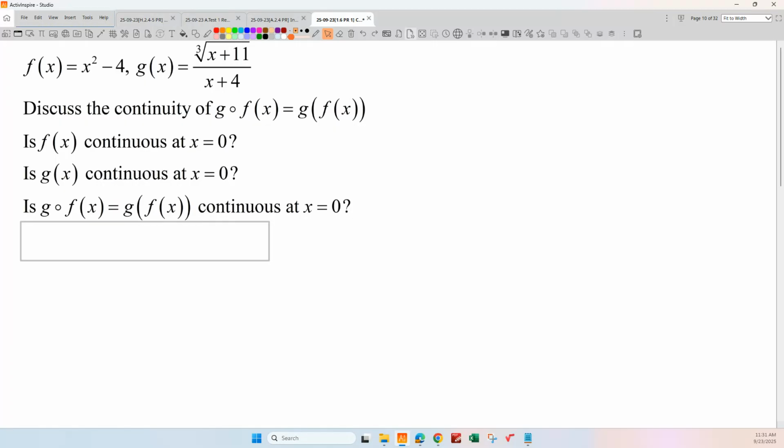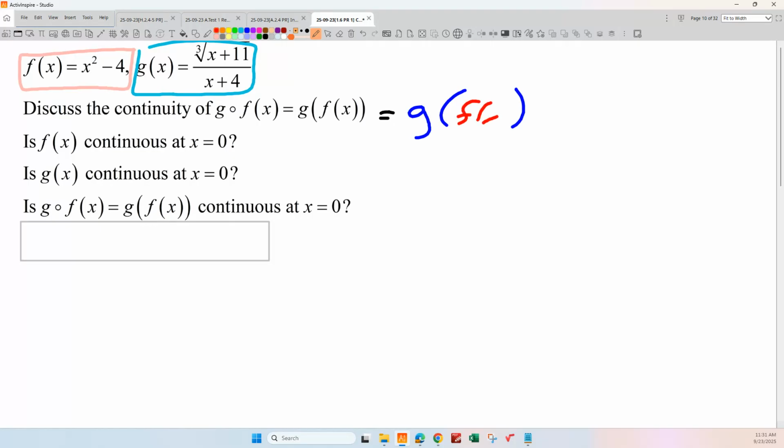So let's color code these again. Let's make f red and g blue. What this is really equal to then is g of f of x. Well, if g of x is that, g of a would just be that with a's in it.